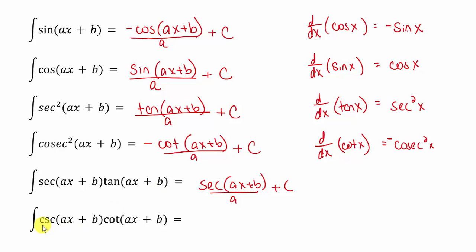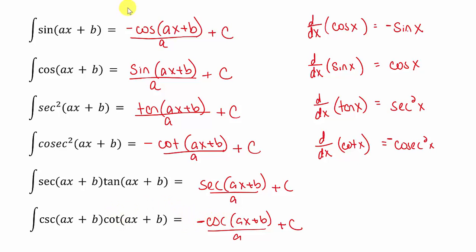And then here, the integral of cosecant cotangent would be cosecant ax plus b divided by a, but we do have to have a negative here. Because if I take the derivative of cosecant, I would get negative cosecant cotangent, and obviously you don't see a negative here, so we put the negative in the answer. So the integral of cosecant x cotangent x is negative cosecant.